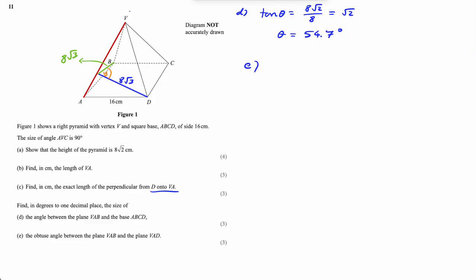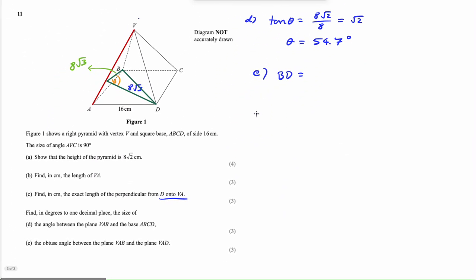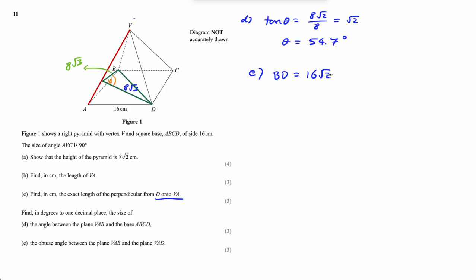That third line, BD, is the same length as AC, which I got earlier as 16√2. So BD is 16√2, here to here. And that 8√3, guys, is this line here.